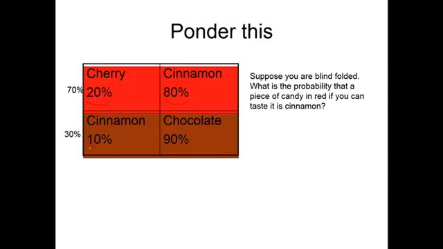Of the brown, 10% is cinnamon and 90% is chocolate. Suppose you're blindfolded. What is the probability a piece of candy is red, if you can taste that it is cinnamon? We'll come back at the end and work on this. I'll give you the meantime to ponder how to do it.